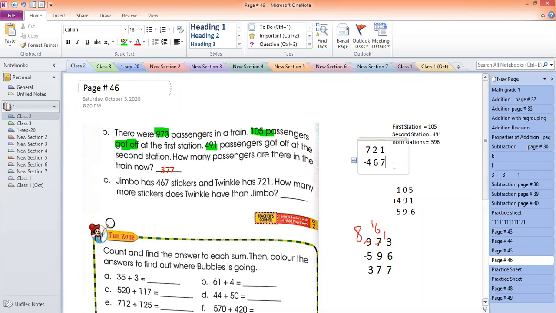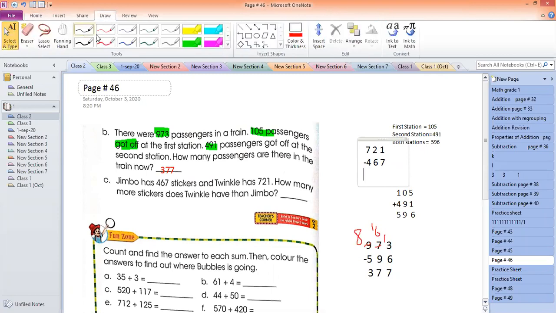So 1 minus 7, you cannot do it because 1 is smaller and 7 is bigger. So it will take 1 from 2 and that will become 11. 11 minus 7 equals 4. But you cannot even minus 6 from 1, because 1 is smaller and 6 is bigger.